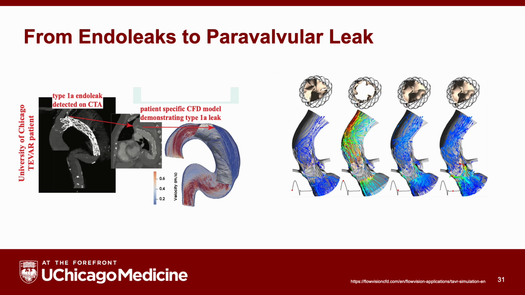The insights and approach presented here can also lead to enhanced understanding of other problems such as paravalvular leak. CFD simulations are therefore important in guiding surgical procedures to reduce the risk of unwanted outcomes such as leakage.